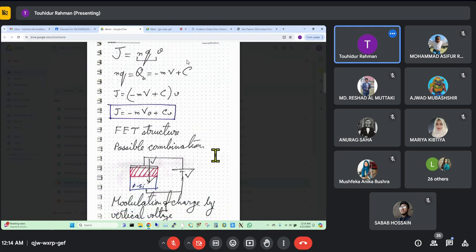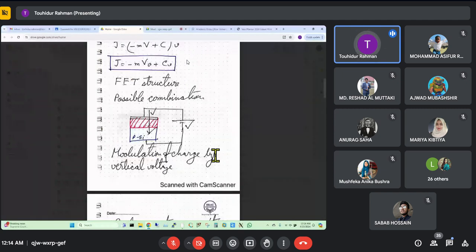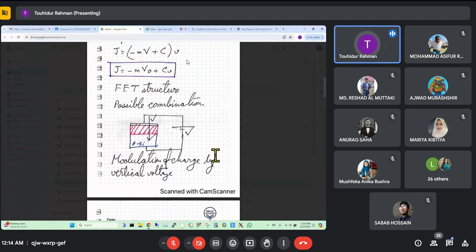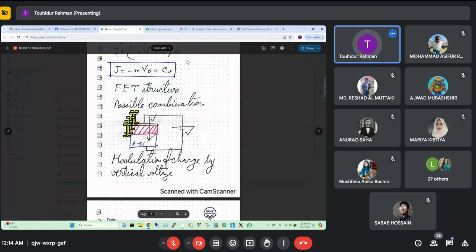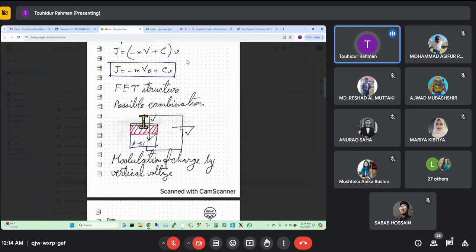All right. So now we have to make sure that we can flow the current, and we will see what kind of structure we should use to be able to flow the current. Why am I saying this? We are already modulating the carrier, so why is there a question of current? In this MOS capacitor structure, we applied the voltage between the top metal and bottom metal, and we have an insulator in between.